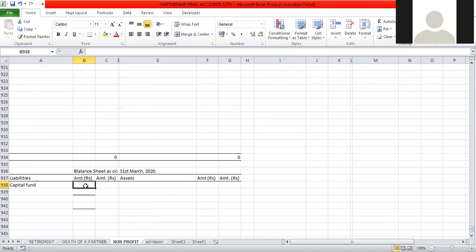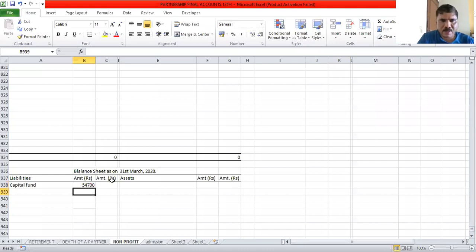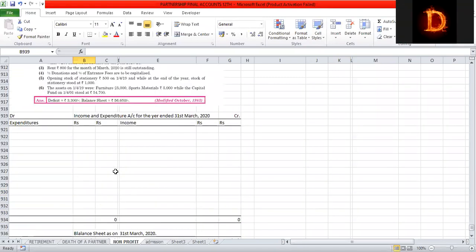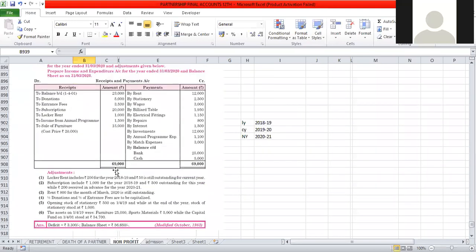Capital fund 54,700. This format you are already having it, isn't it? Yes, sir.